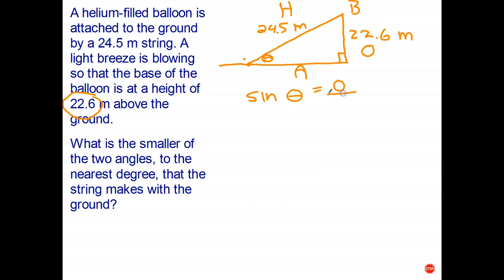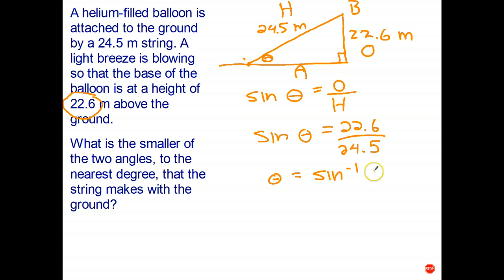So we write the formula. Substitute, put in everything that we know. The opposite is 22.6. The hypotenuse is 24.5. Now we've got to find out what theta is, so we need to take the inverse of the sine function, which is inverse sine, 22.6 over 24.5.